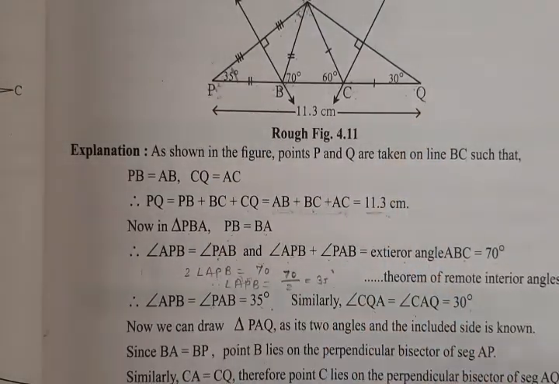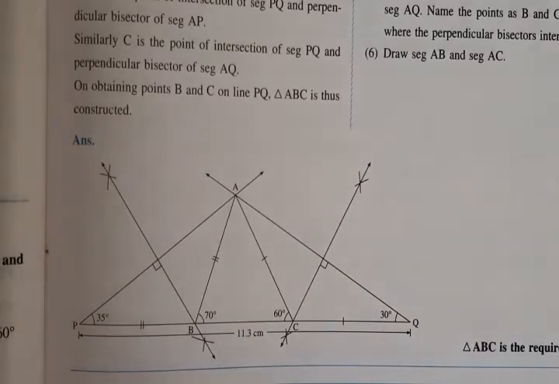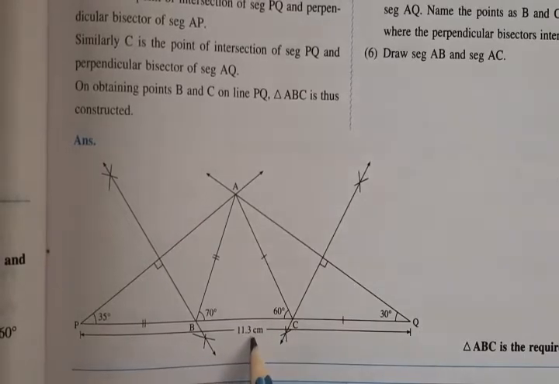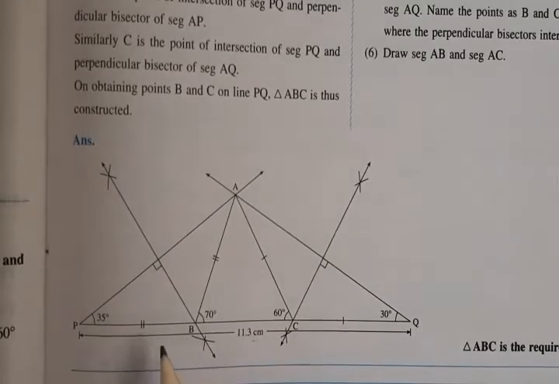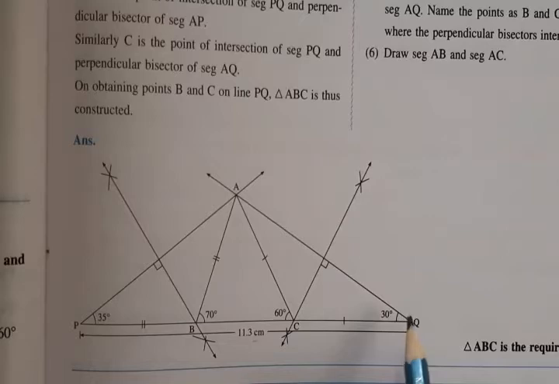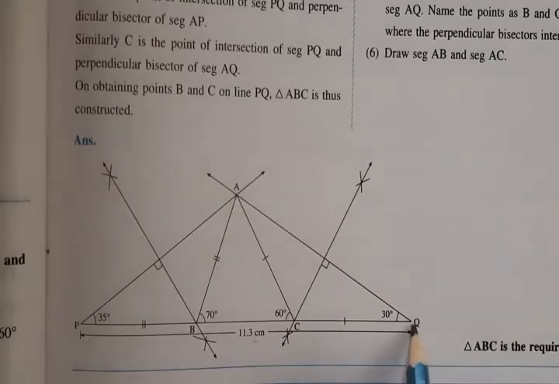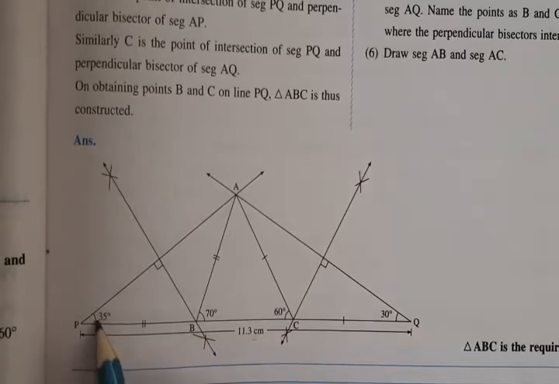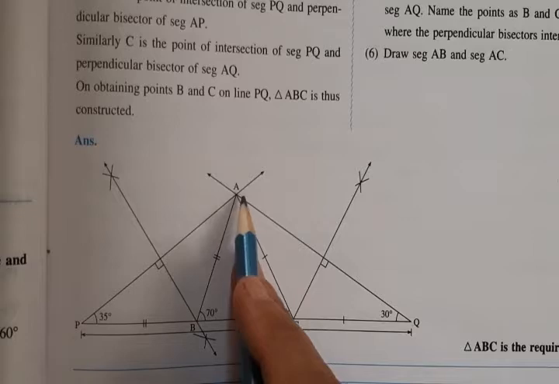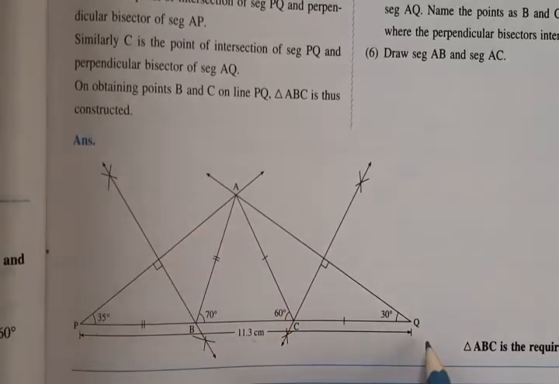Now I will explain the steps of this construction. First of all, we have to draw the segment PQ of 11.3 centimeter. Then we draw a ray making an angle of 35 degree at point P. We draw another ray making an angle of 30 degree at point Q. These both rays intersect each other at point A. So we get triangle APQ.